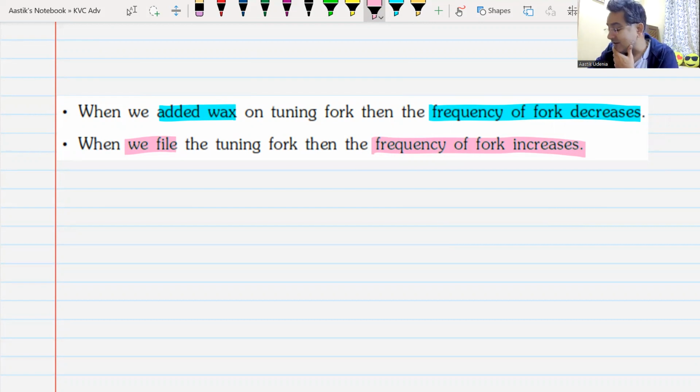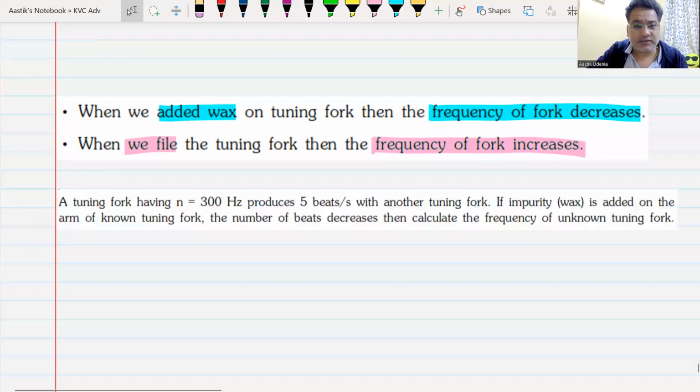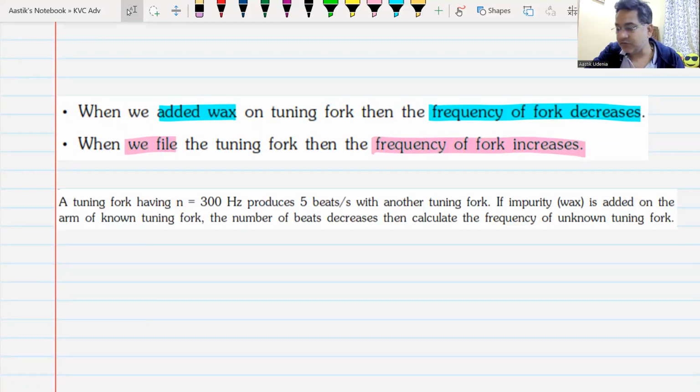Having said that, you can use this to find the unknown frequency of a tuning fork. Here is the question. A tuning fork having a frequency of 300 Hz produces 5 beats per second with another tuning fork.